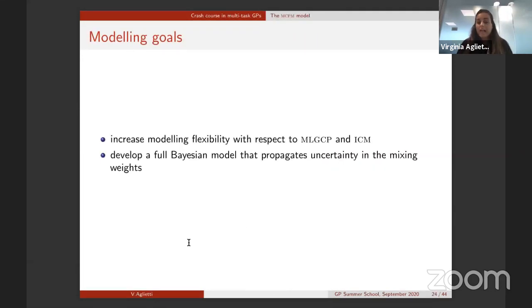So what we would like to achieve with the model that I'm going to introduce now is to have higher flexibility with respect to the multivariate log Gaussian Cox process model and with respect to the intrinsic coregionalization model with the Poisson likelihood. But we also would like to have a fully Bayesian model that propagates uncertainty in the mixing weights of these latent functions.